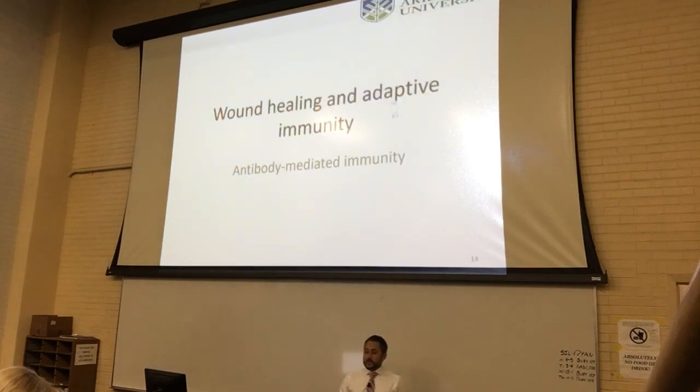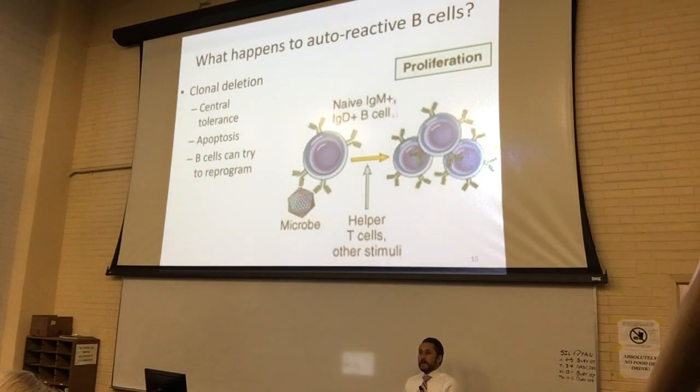Okay, so we're going to transition at this point into some of the mechanisms associated with B cells. And then we're going to wrap up towards the end, recapitulating what we talked about on Monday with T cells and showing you the steps of T cell activation, and that's how we'll end the lecture, on memory T cells.